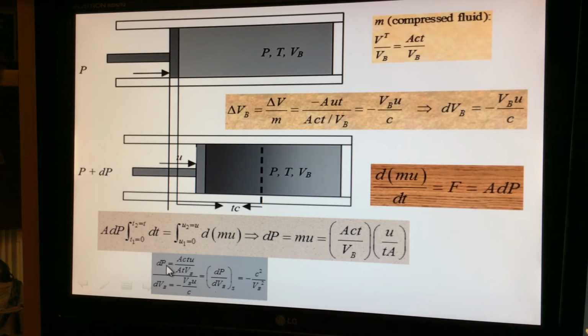What I have done here is this is dp, which is given by the expression that we derived above, and this is dVb, which is the expression again that we have derived up in here. So when you put these two together, you have this derivative, dp by dVb equals minus c squared over Vb squared, where c is the speed of sound.